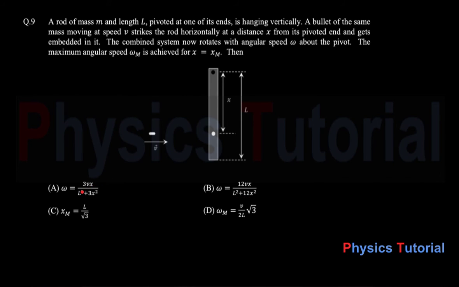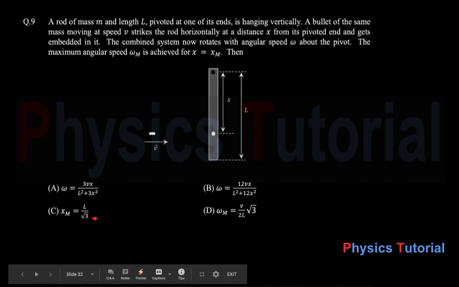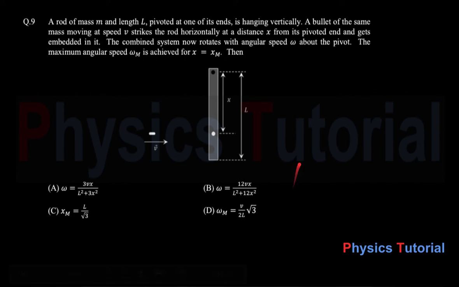Whichever option is correct, you differentiate this expression of omega with respect to x. The condition for maxima and minima gives you this x m, and when you substitute this value of x m, you will get omega m.